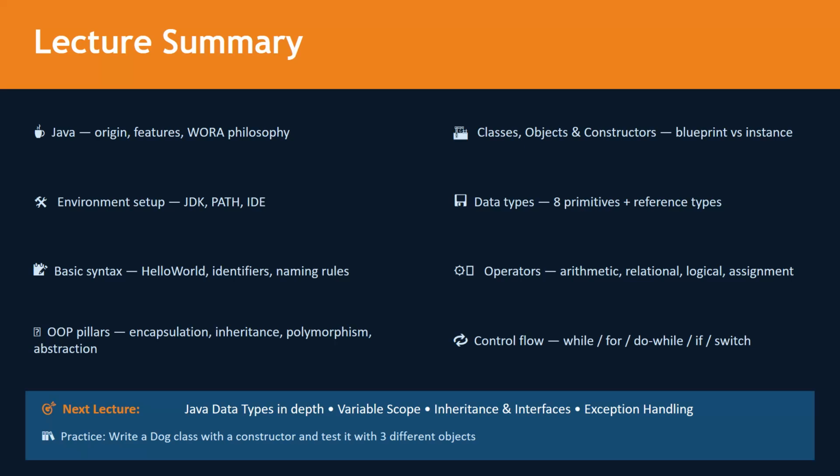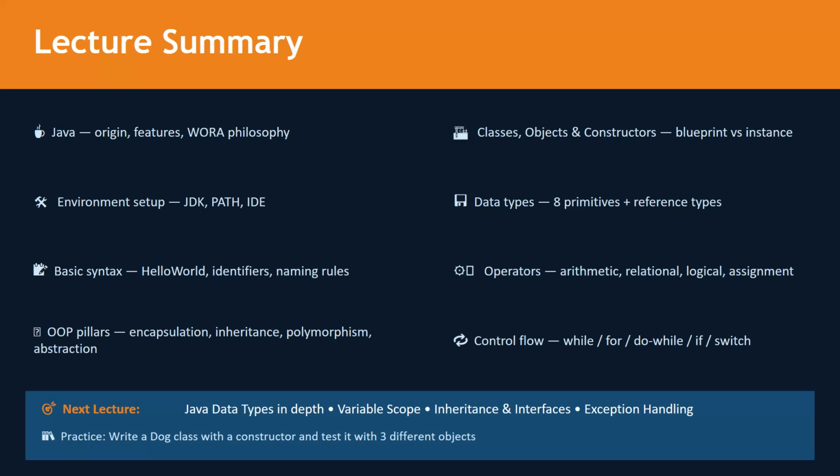Then we moved on and looked at the data types, the 8 primitives and reference types, all of them. We looked at the basic syntax, hello world, identifiers, the naming rules and all that. Then we looked at the operators: arithmetic, relational, logical, and assignment operators, and their implementation.